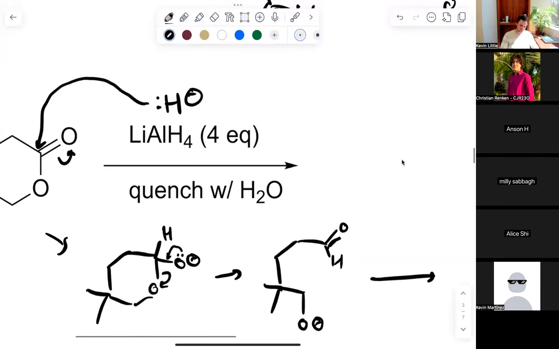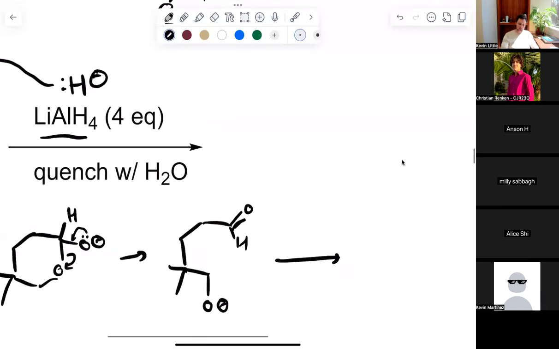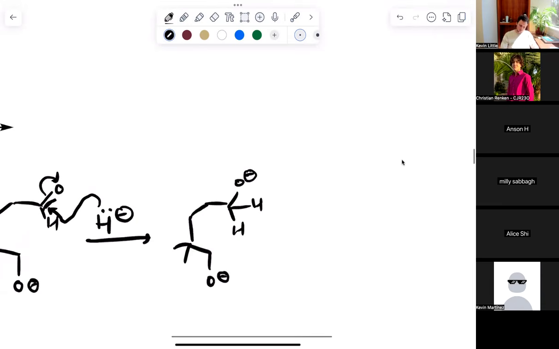Then I've got all the equivalents of LAH in the world that I could want. So I see that there's another carbonyl that I've reformed. Whenever there's a carbonyl nearby, I can always add more LAH into it. I broke that carbonyl, it wants to reform, but there's no leaving group, so it can't.